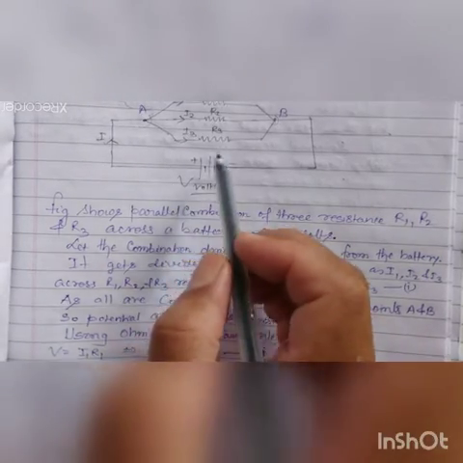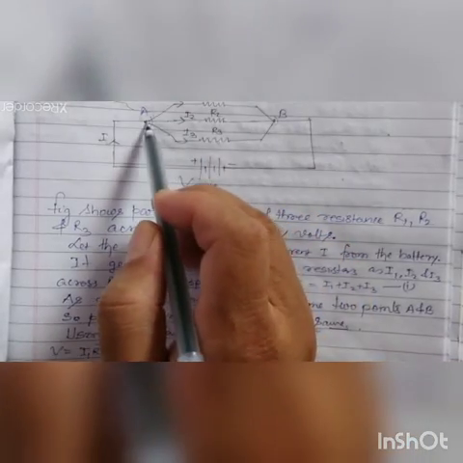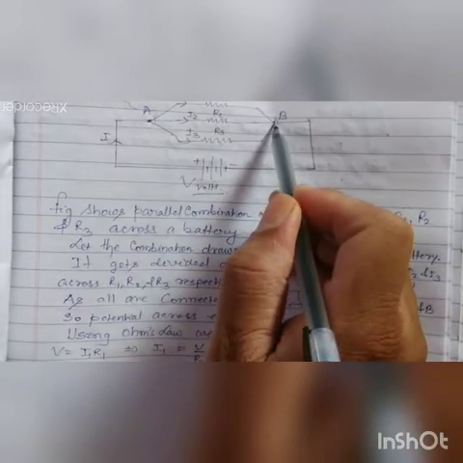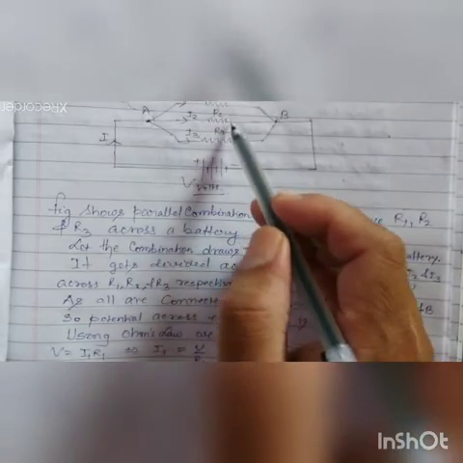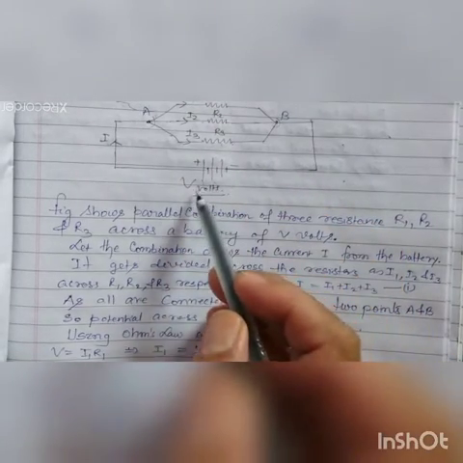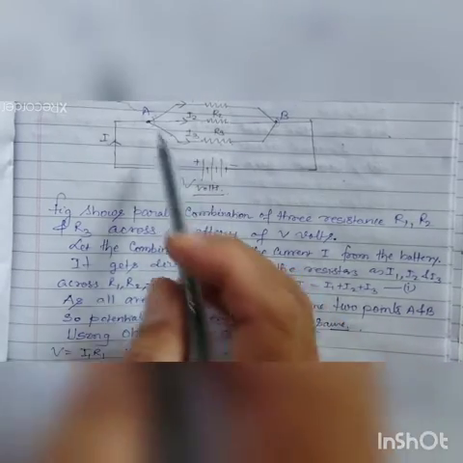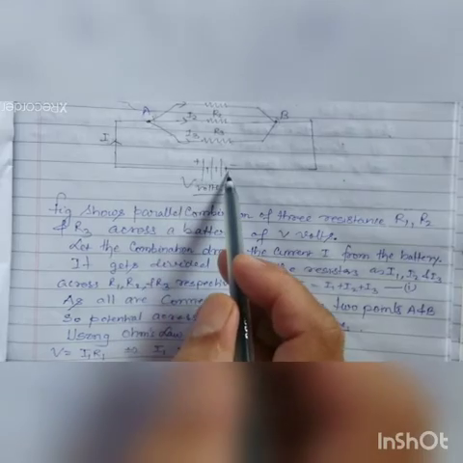Now, as all the resistors are connected between the same two common points A and B, the potential across all the resistances will be the same, which is equal to the potential difference between the terminals of the battery, here as A and B are connected to the terminals of the battery.